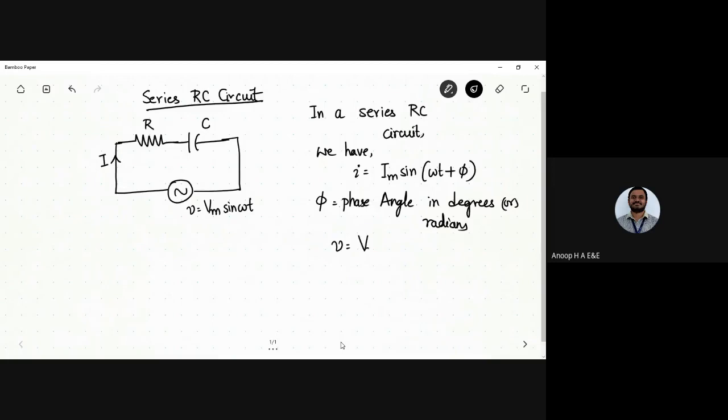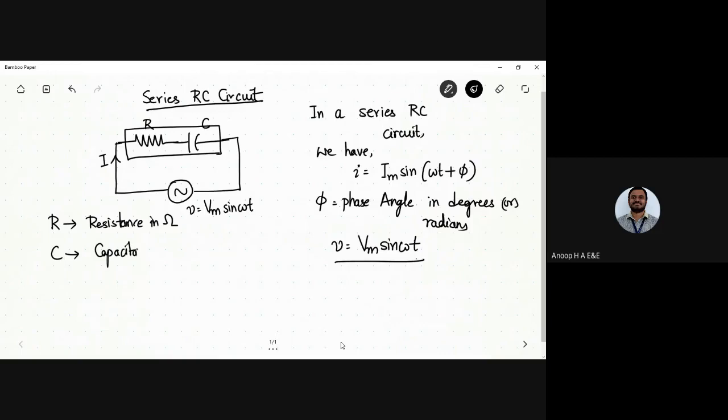V will be equal to Vm sine omega t. That is the applied AC voltage. So consider an AC circuit where R and C are connected in series, and R is the resistance in ohms, and C is the capacitance in farads.